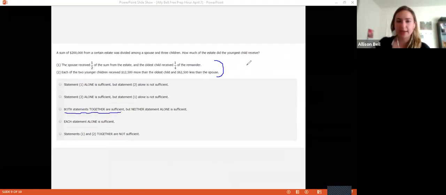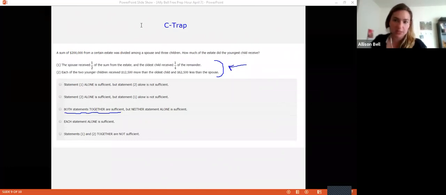Anytime on the GMAT data sufficiency, when I see that both statements together seem like they're probably going to be enough information to solve, I become really wary of what is called the C trap, which is this trick that the GMAT likes to play, where they set up a problem where it looks really obvious that with two statements together, you should be able to solve.